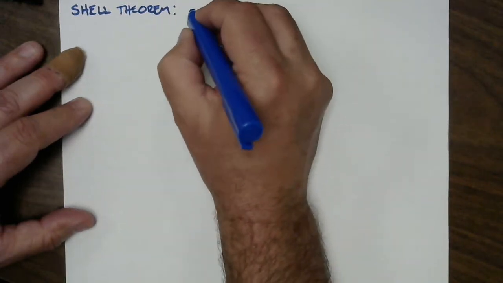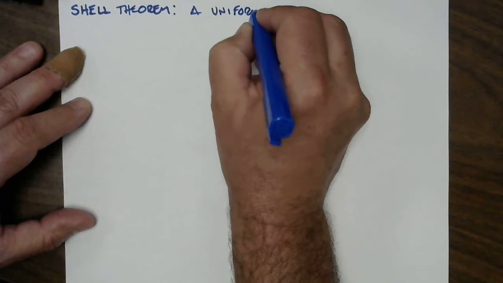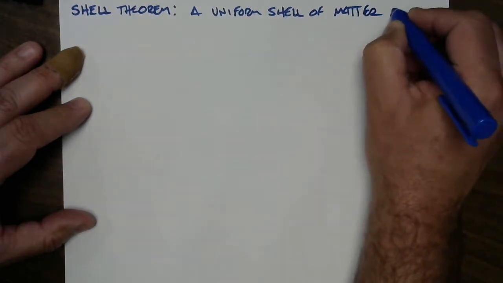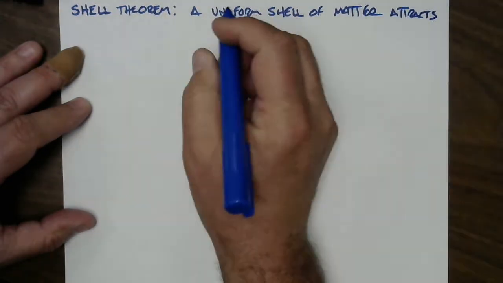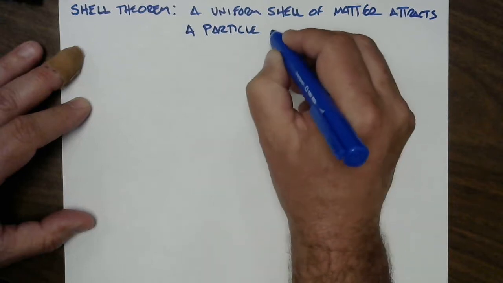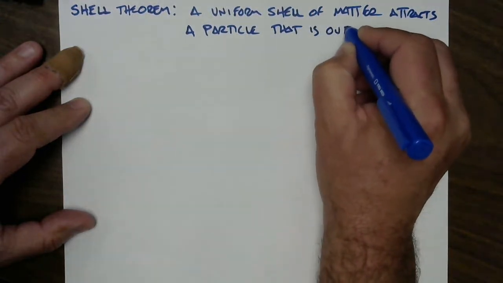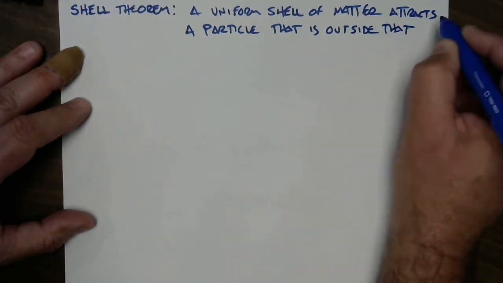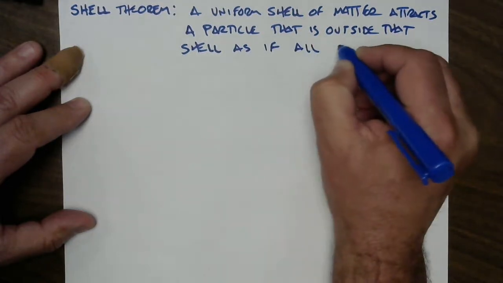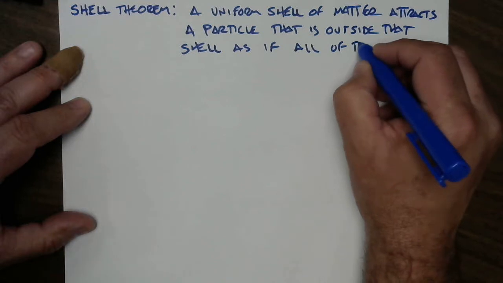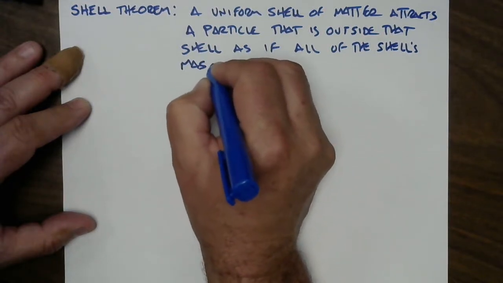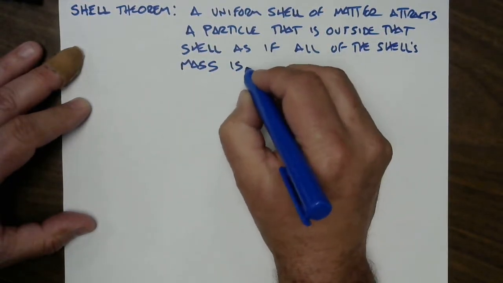And the shell theorem says that a uniform shell of matter attracts a particle that is outside that shell as if all of the shell's mass is concentrated at its center.